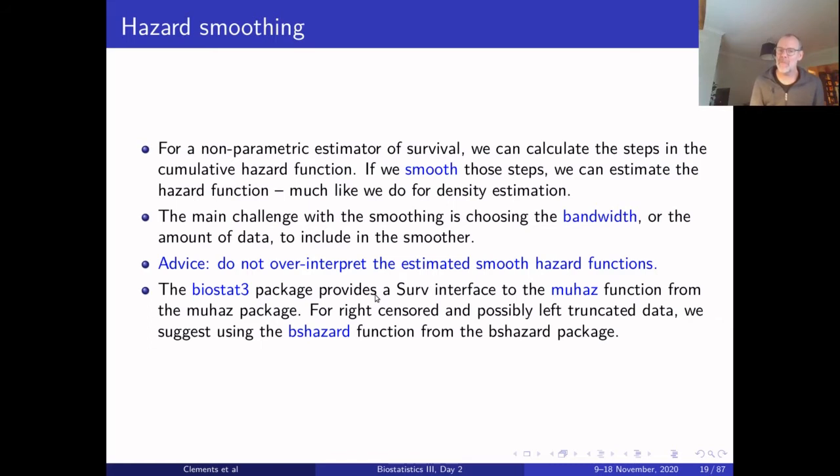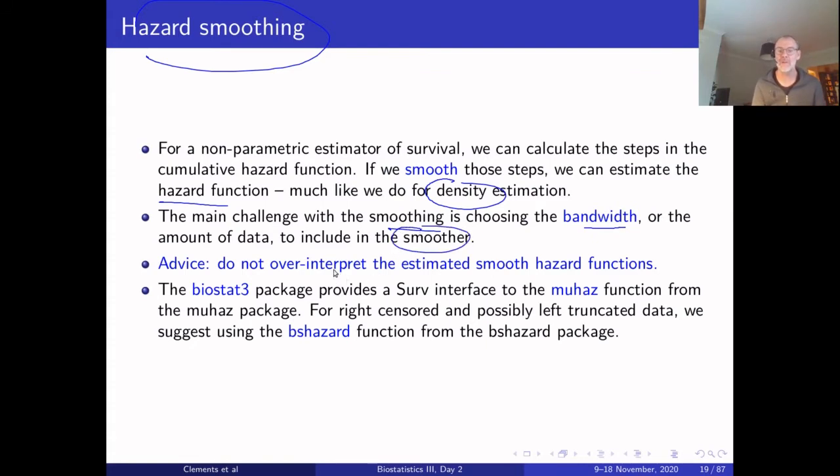Right, from a non-parametric estimator of survival, we can calculate the steps in the cumulative hazard function. Then we can smooth those steps to estimate the hazard function, much like what we would do for standard density estimation. However, the challenges for density estimation are the same for hazard smoothing: when we do the smoothing, we have to choose the bandwidth, or the amount of data to use when we calculate the smoother.